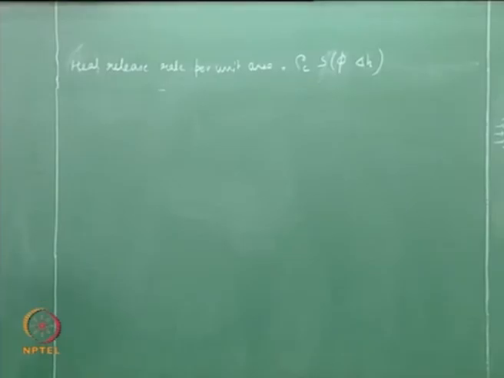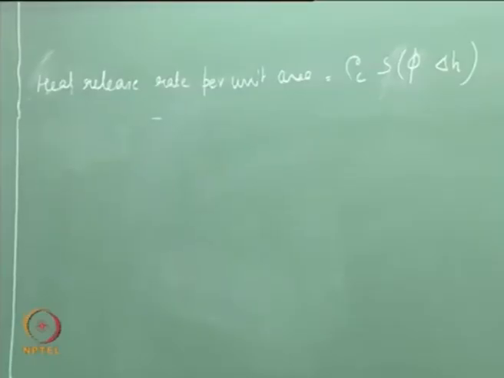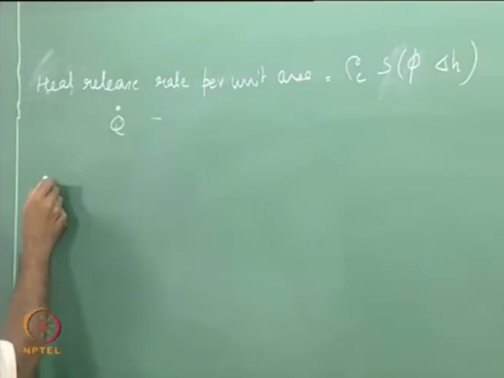Because your equivalence ratio is phi, only phi times delta H will be released. So this is the formula for heat release rate per unit area. We'll call it Q dot.